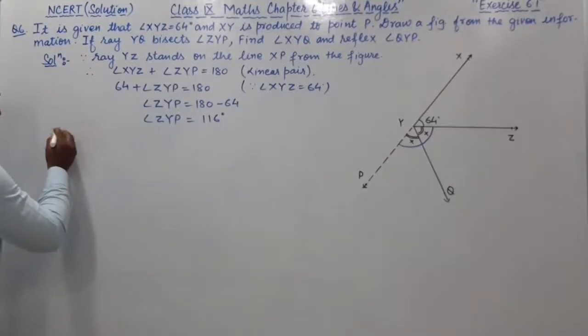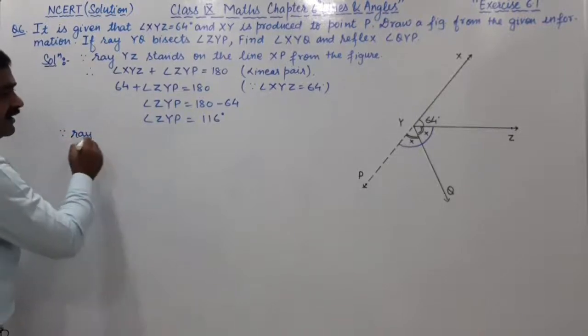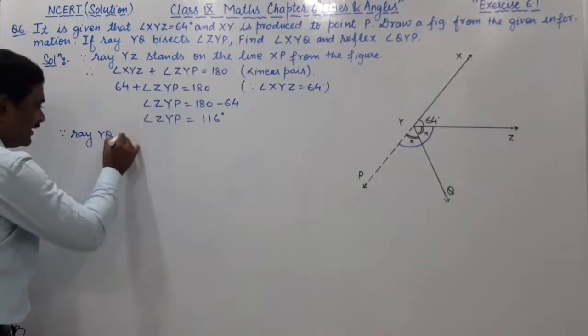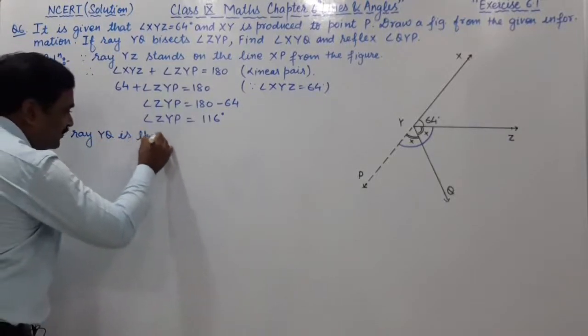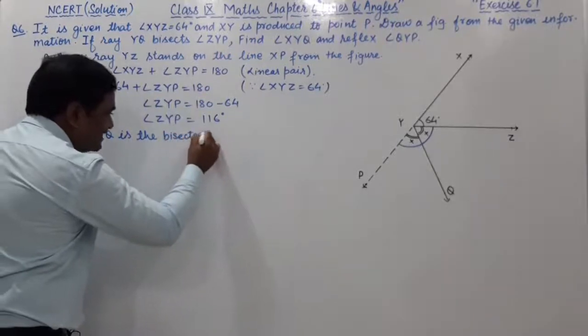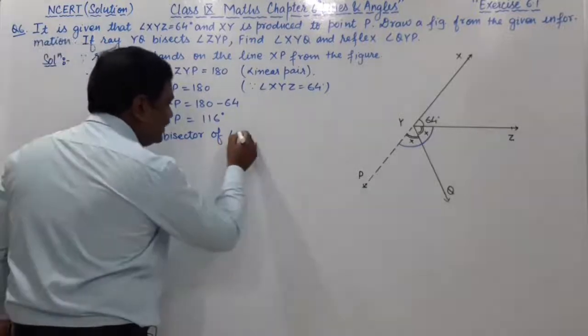Okay, so since ray YQ is the bisector of angle ZYP.